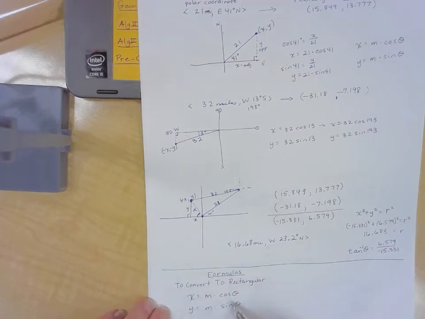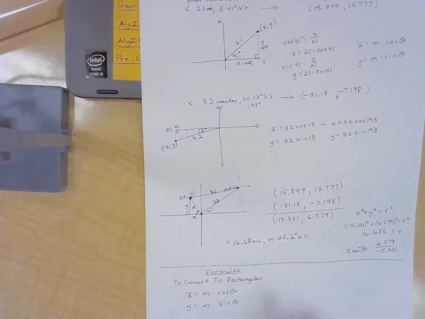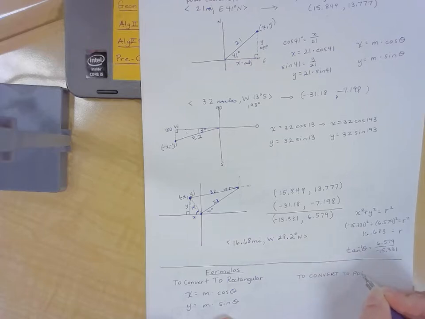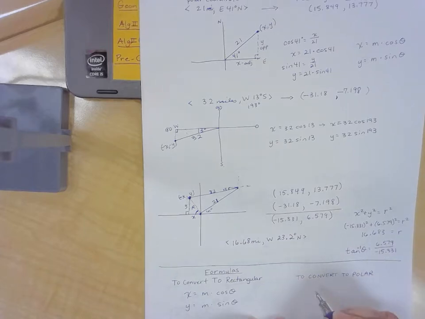Two formulas to convert to rectangular. The other two formulas to convert to polar: x squared plus y squared equals r squared.